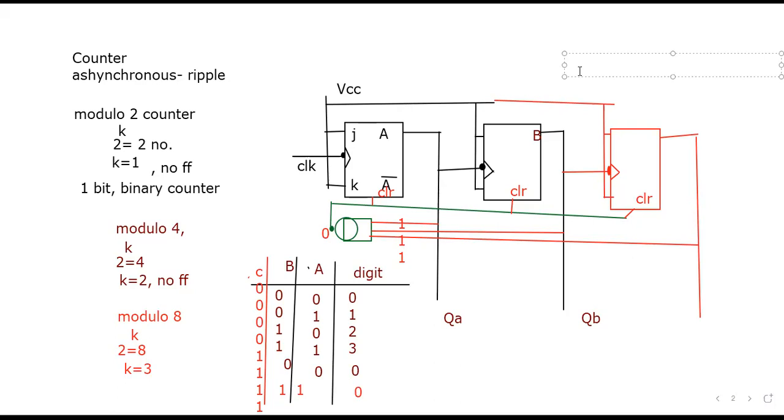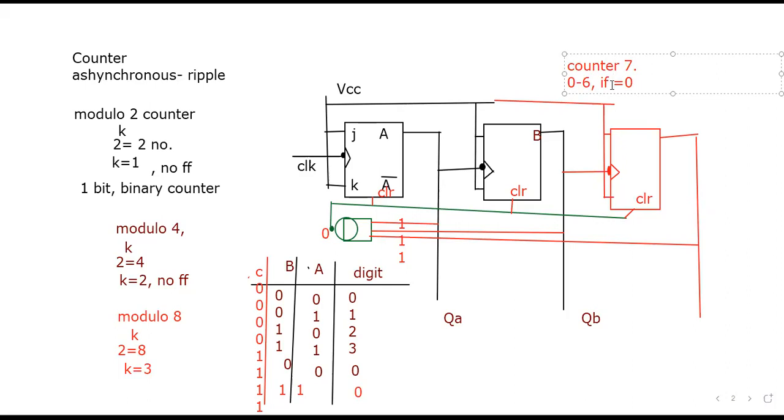Understand? Whenever we have a counter of 7, this phenomenon will apply. This is a counter of 7. So it has to count 0 to 6, okay? If 7, then it would equal 0.